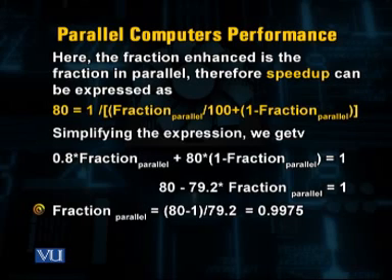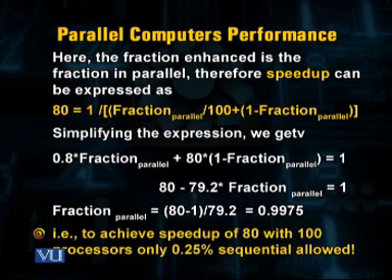That is, in order to achieve a speed up of 80 with 100 processors, only 0.25% sequential operations are allowed.